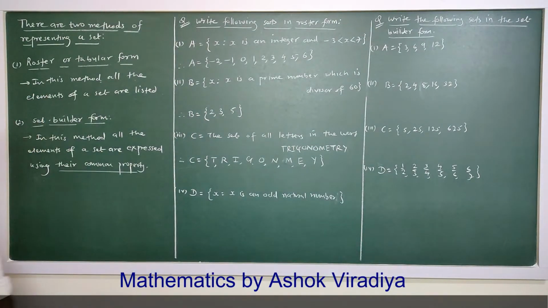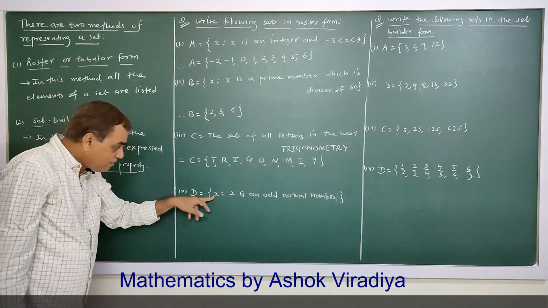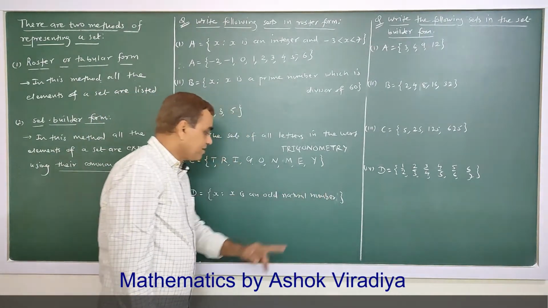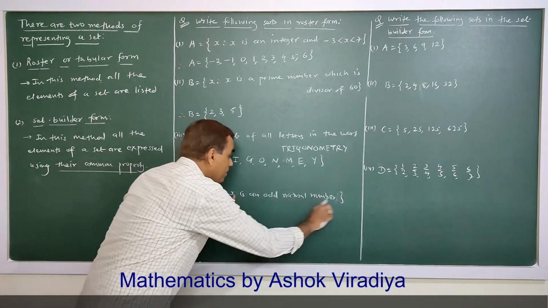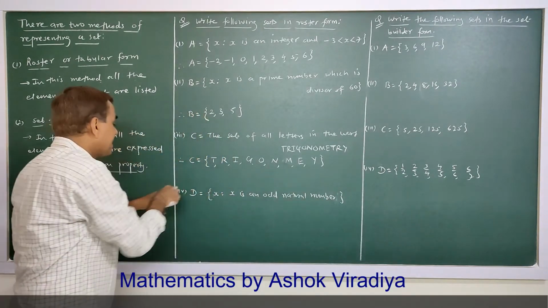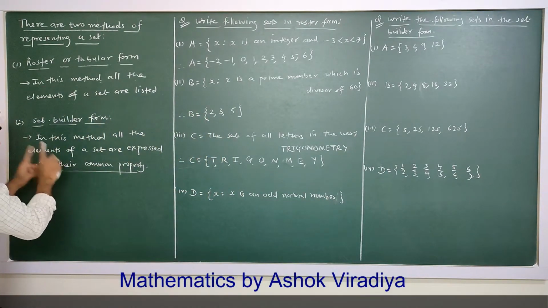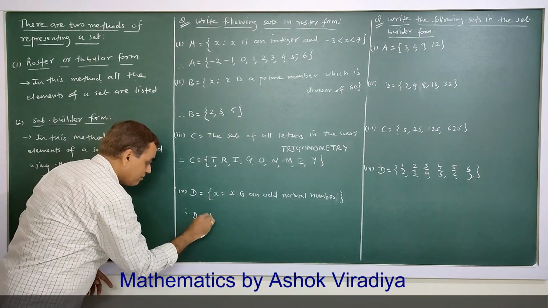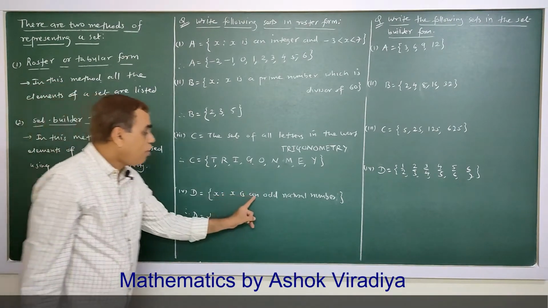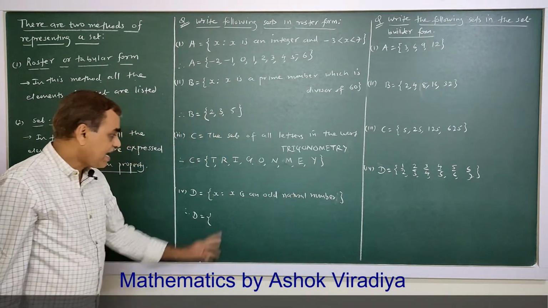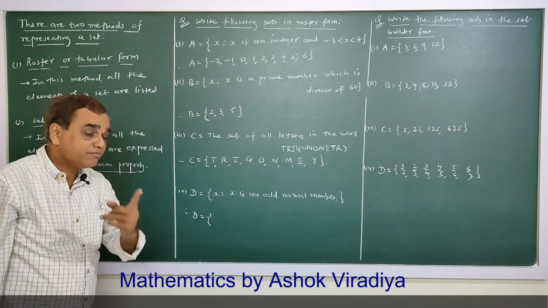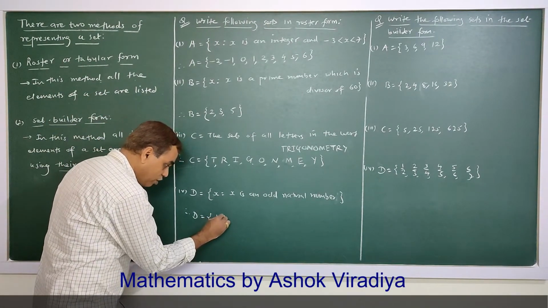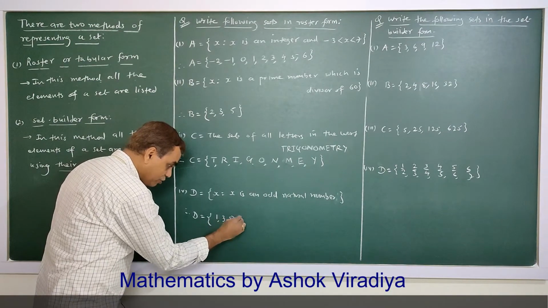Now here, D is the set of all X such that X is an odd natural number. So this is a common property for all numbers in this set. This set is expressed in set builder form. Now we are putting this in roster form. X is an odd natural number, so odd natural numbers beginning from 1, 3, 5, 7.